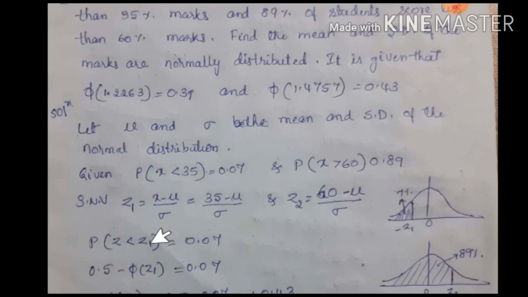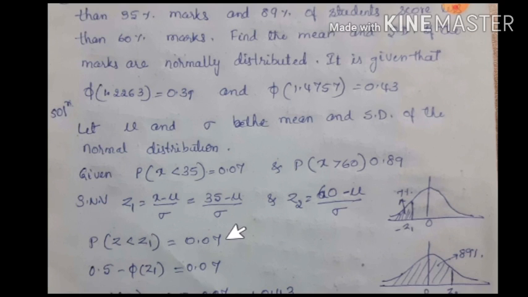Now we need to check where this Z1 value comes. We have an idea of how much 7% is. Either I should take 7% on the right side or on the left side. If I take the right side, the condition should be greater than, but here the given condition is less than.